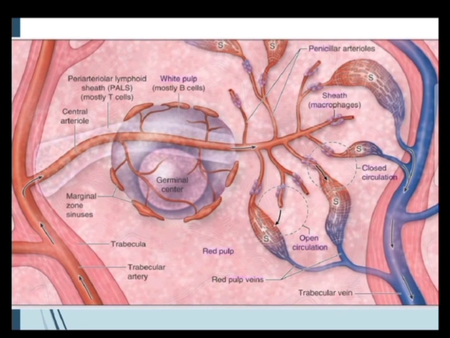But the histologists who believe in the closed circulation theory say that the terminal arterial capillaries enter into the sinusoids to pour their blood directly into them. But nowadays it is said that both open and closed circulation are going on in the splenic pulp. So this was about the blood supply of the spleen.